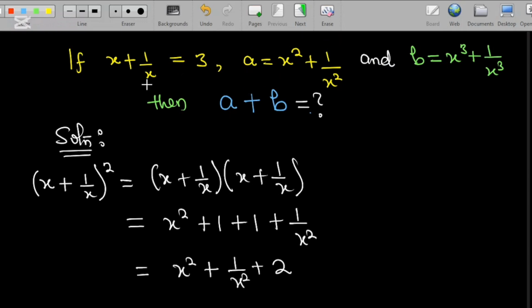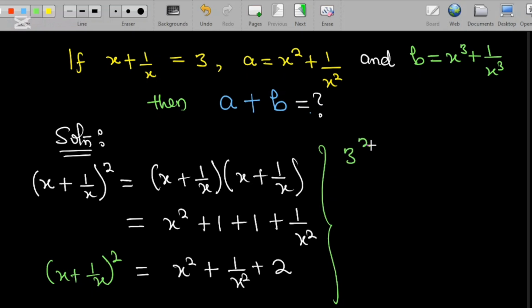Now the first thing it has done for us is that it has introduced a relationship between A and the first thing that was given to us. So in other words, I can come here and substitute my x plus 1 over x, which they said is 3. And so remember that here is x plus 1 over x all squared. Okay, so if I continue this side, they said that the first equation says that x plus 1 over x is 3.